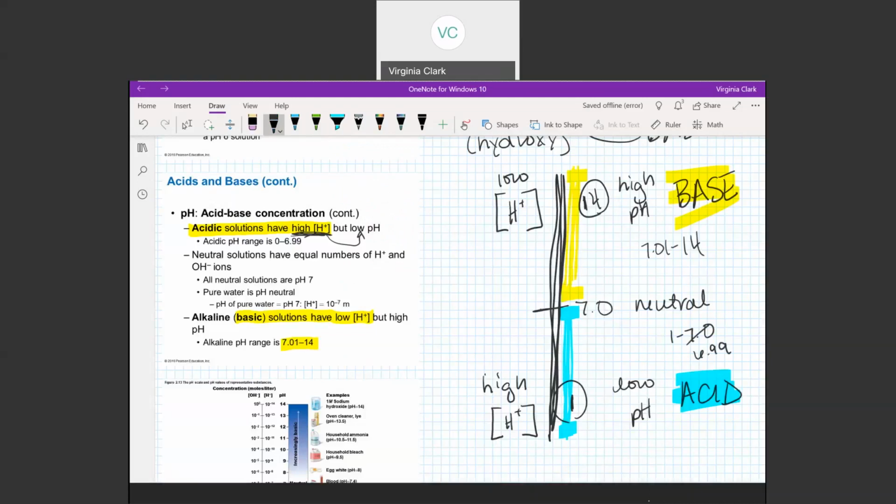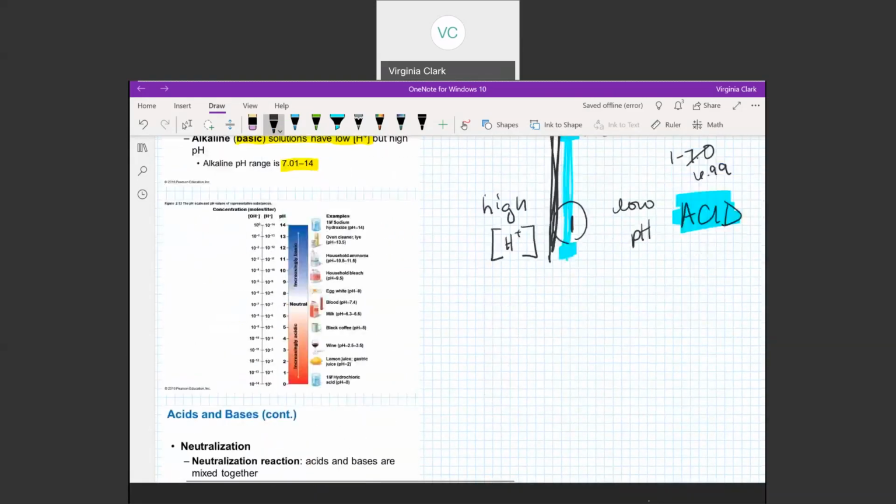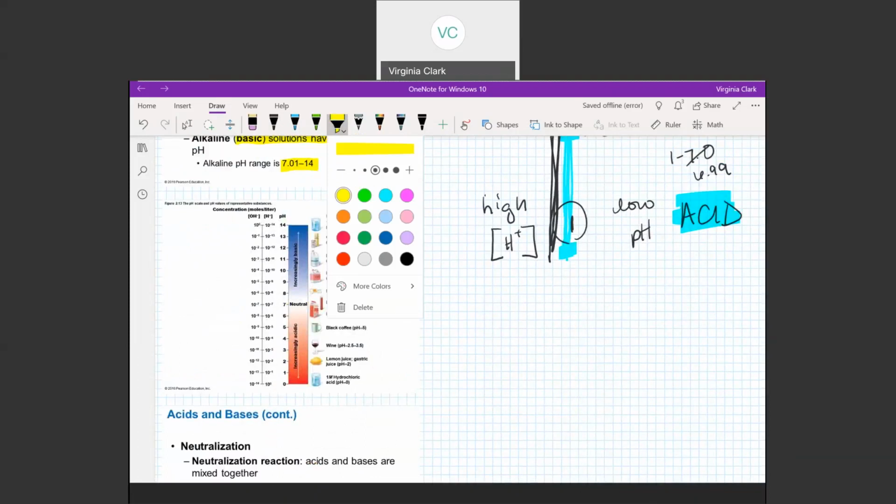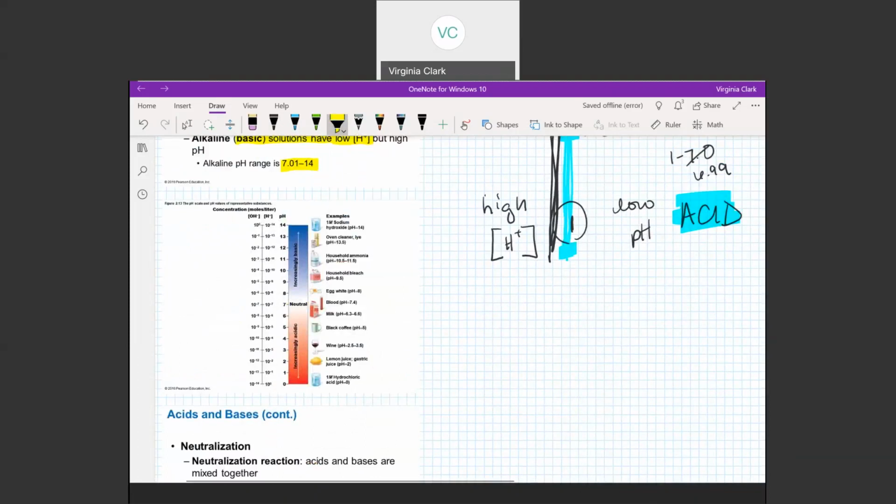So you can see on this image right here, on the next slide, how that actually plays out. So when you're looking at this, remember that we said that 7.0 is neutral. So that's going to be this right here. Neutral is 7.0. Right here is our blood, our main liquid in our body, besides that which is made up primarily of water.